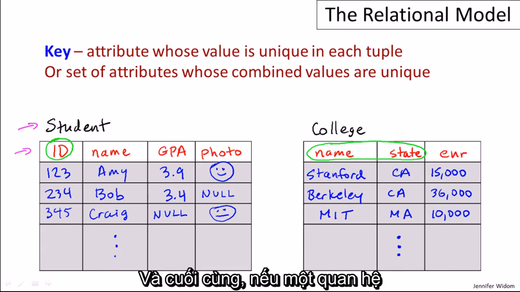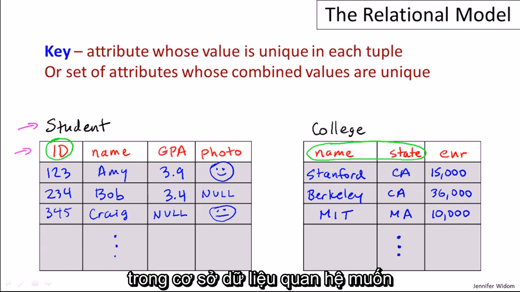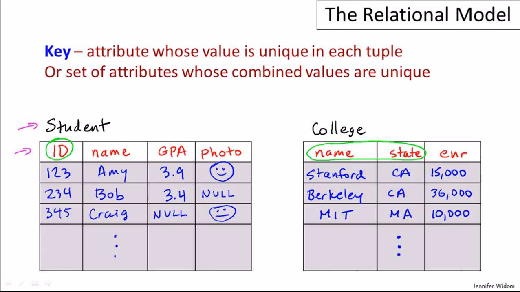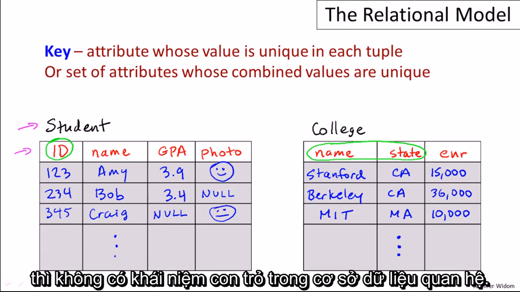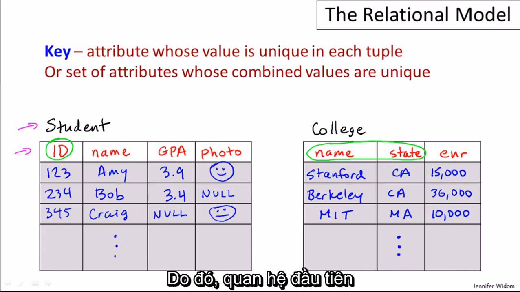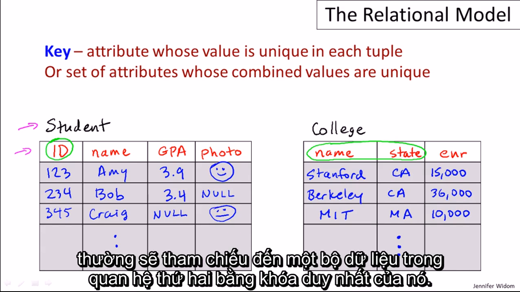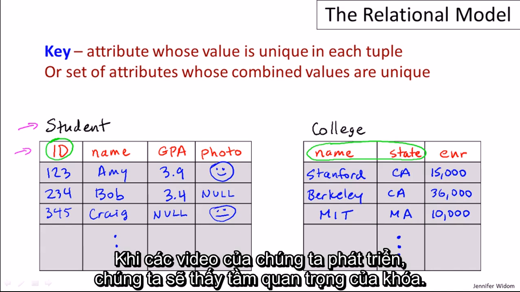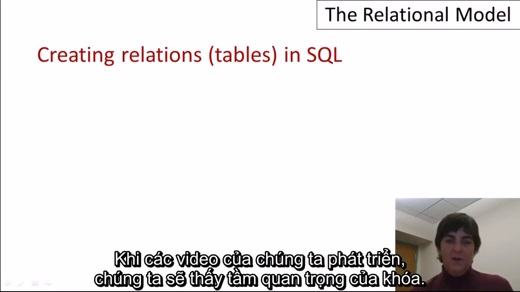And lastly, if one relation in a relational database wants to refer to tuples of another, there's no concept of pointer in relational databases. Therefore, the first relation will typically refer to a tuple in the second relation by its unique key. As our videos develop, we'll see the importance of keys.